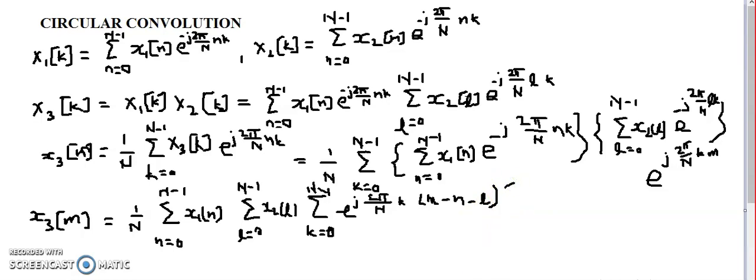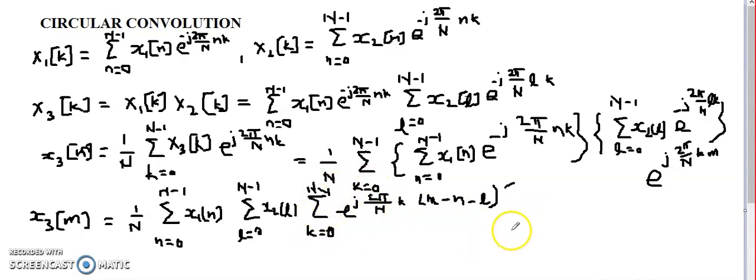Now what will be this sum? What is this? This is a finite sum of a GP.